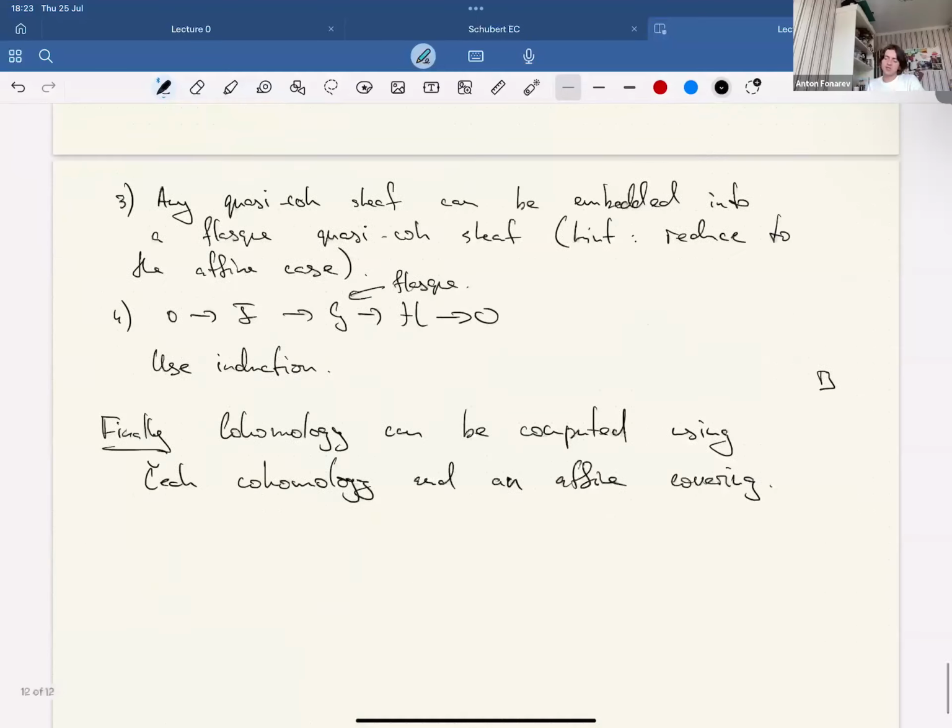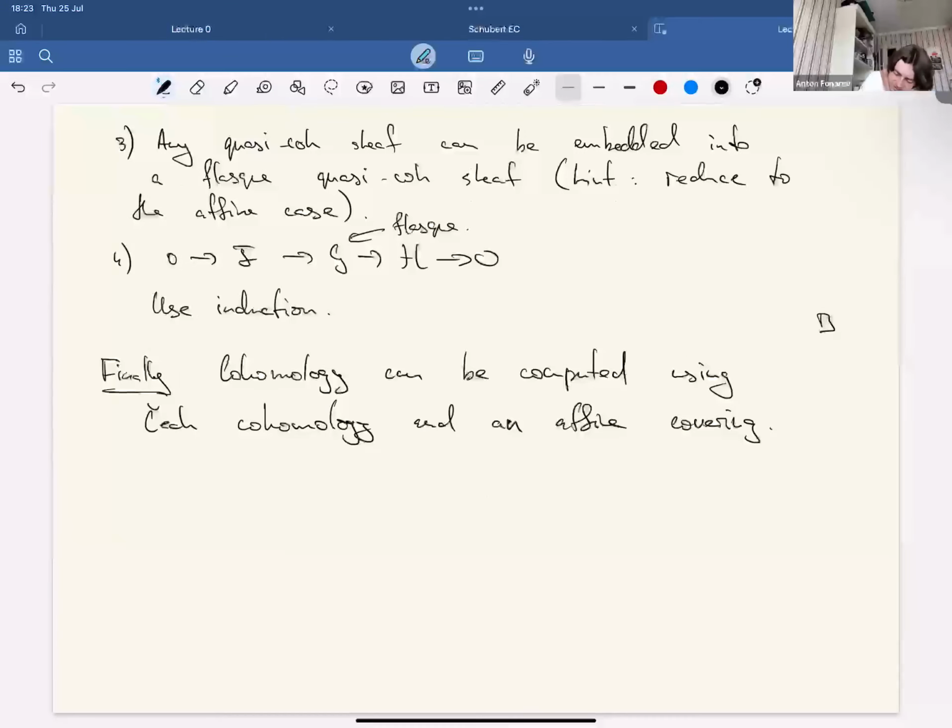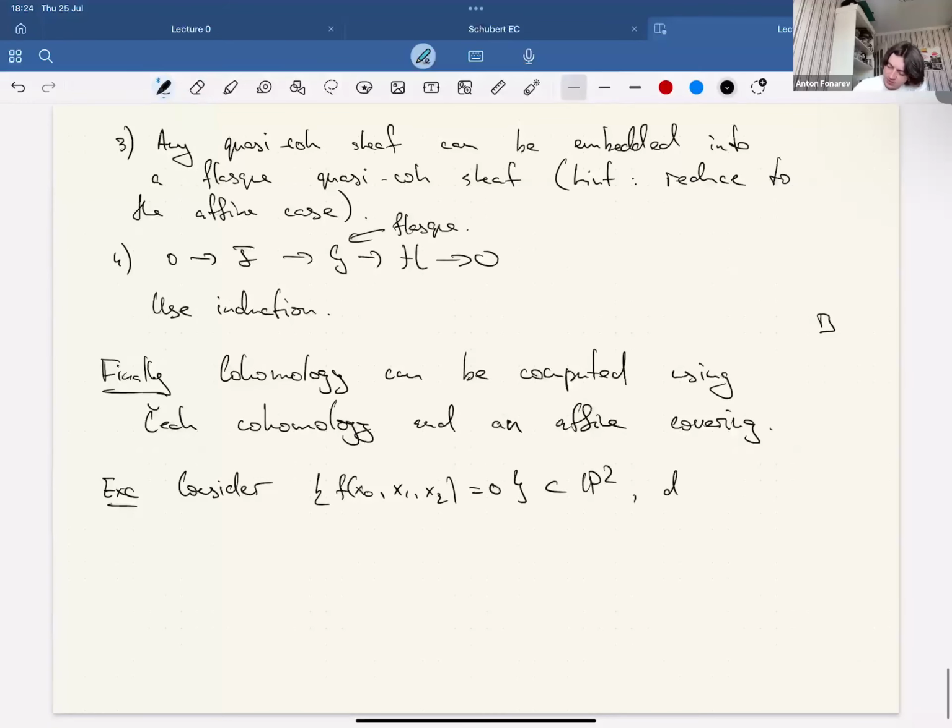So here's an immediate exercise that I suggest you do. Exercise. Consider a curve given by a homogeneous polynomial f in 3 variables inside P2, and assume that the degree of f is d.